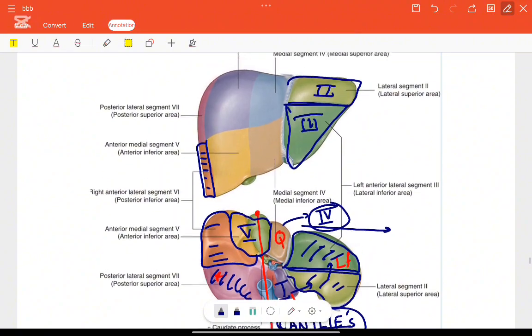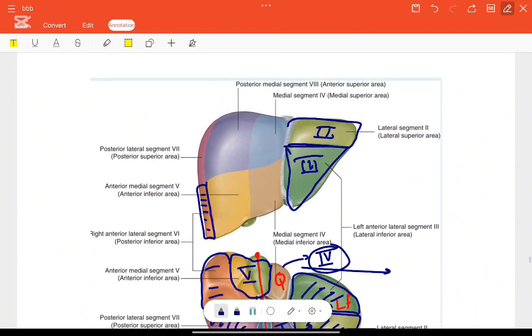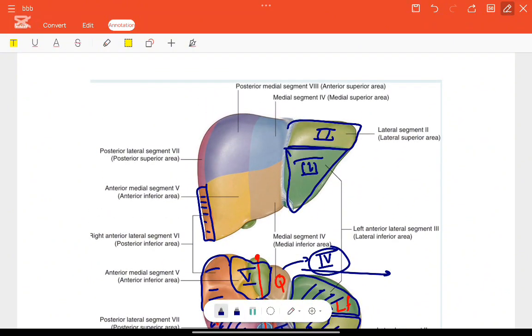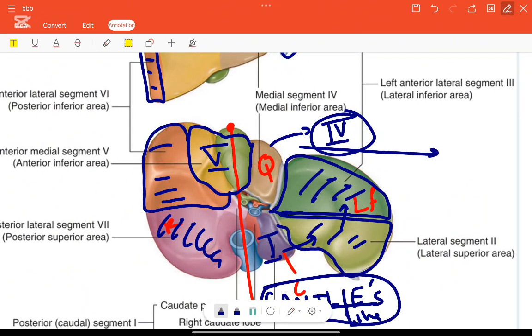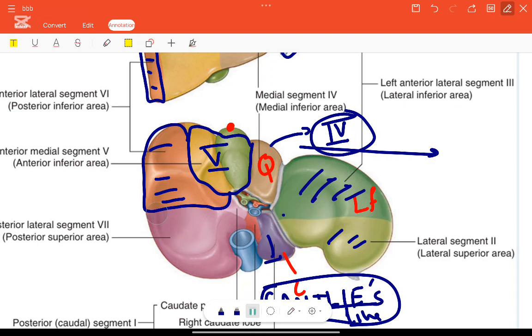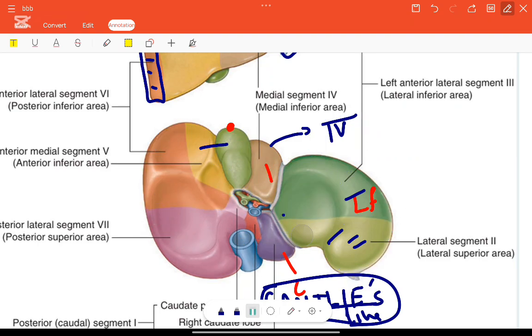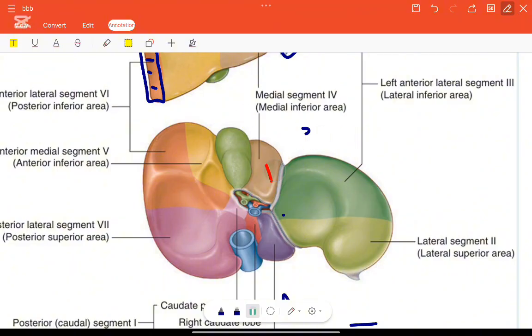Okay, so in total we have 8 segments. The last one is this one, which is oriented posteromedial. Okay, is that important for the exam? Not so much, except for 3 segments. As you watch, it moves in an anti-clockwise direction.